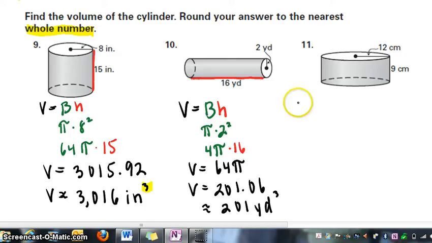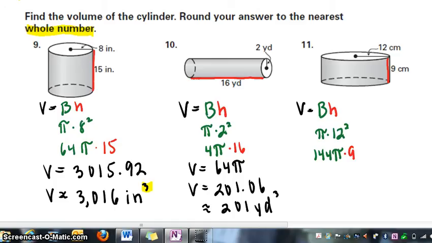And for the last one, volume equals area of the base times height. So we have pi times radius squared, or 144 pi. Multiply that by our height, distance from top to bottom.